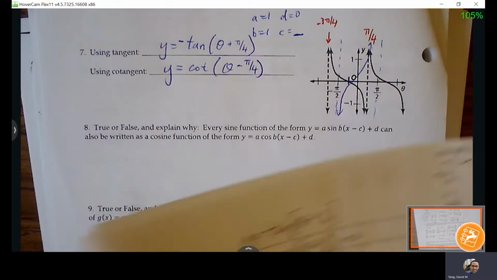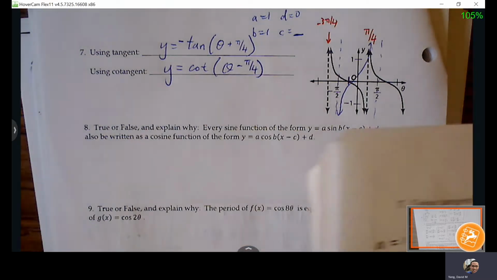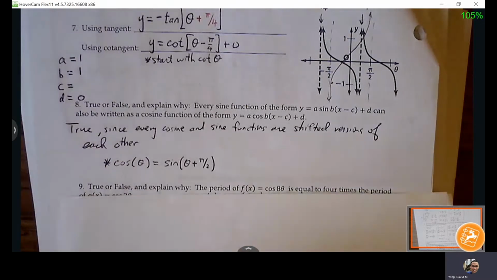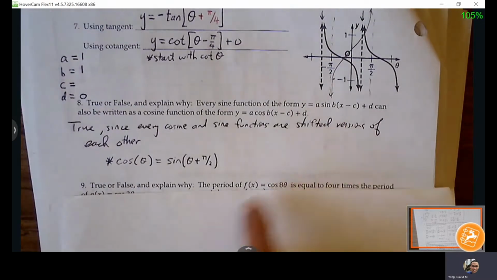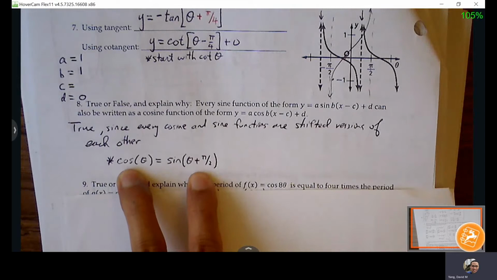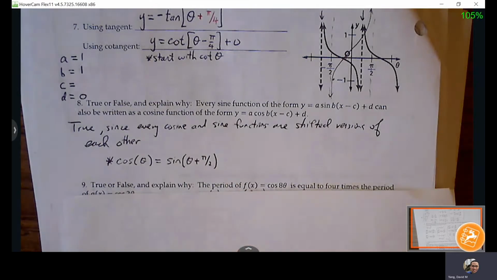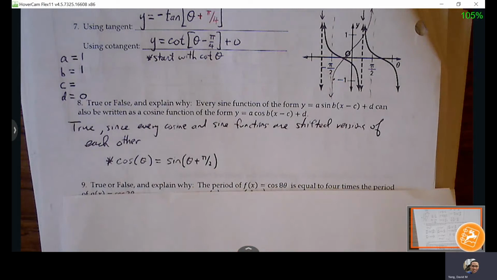Since they're only off by pi over 2, we're able to just change that c value to make it match. We saw it with the quiz and the previous problem. Any sine graph, we can shift it to make it a cosine graph or vice versa.